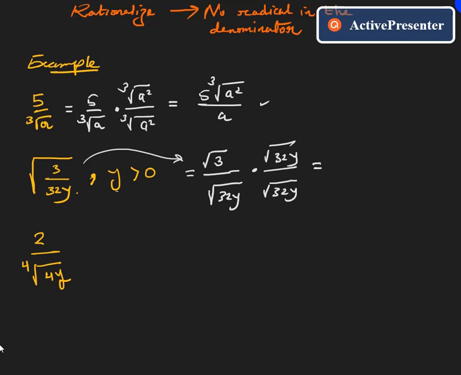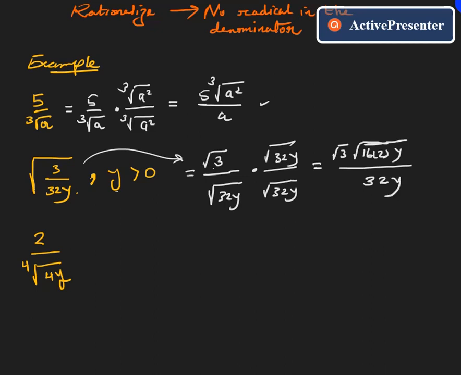So this is equal to square root of 3 multiplied by square root of 32, which is equal to square root of 3 multiplied by square root of 16 multiplied by 2 multiplied by y, and down here we will have 32y.